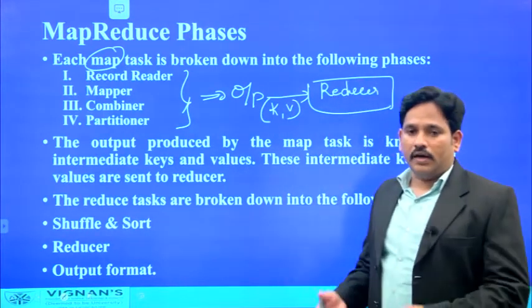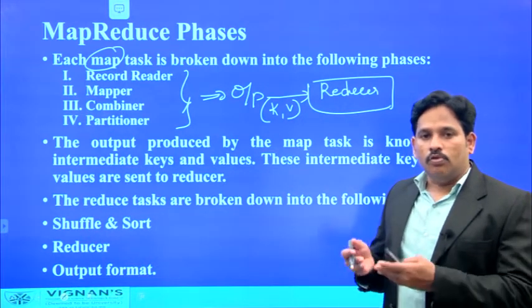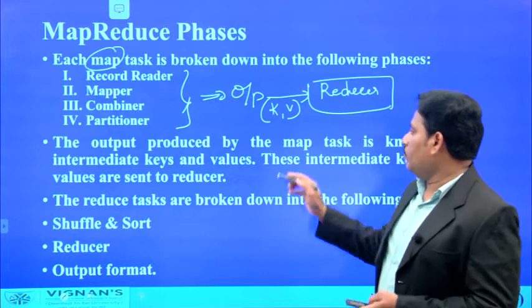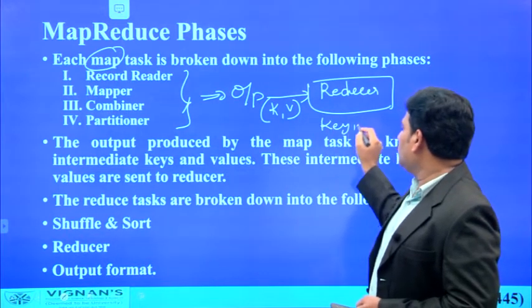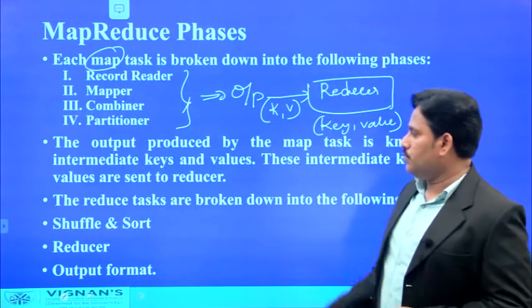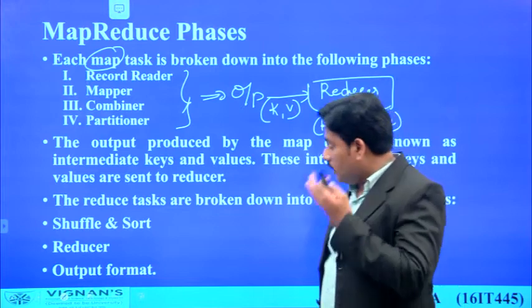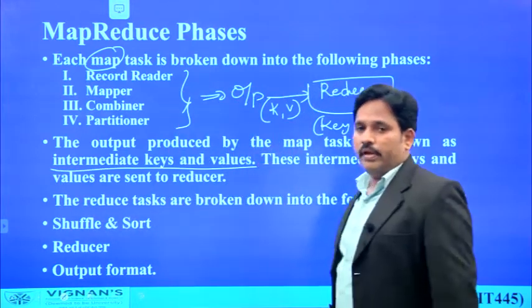Whatever output we are getting from the mapper module is sent in the format of a key value pair to the reducer module. We can call this an intermediate key value pair.